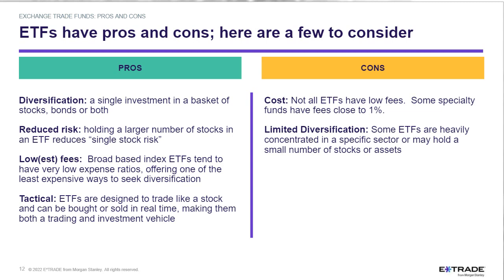Limited diversification. Some ETFs are heavily concentrated in a specific sector or may hold a small number of stocks. Let's say you found an ETF that was into electric cars. And so you bought the ETF thinking that you were going to be heavily diversified, and then you looked at the holdings and you found that 66% of it was one company like Tesla, and then it was the smaller companies that are just doing EVs like Rivian.